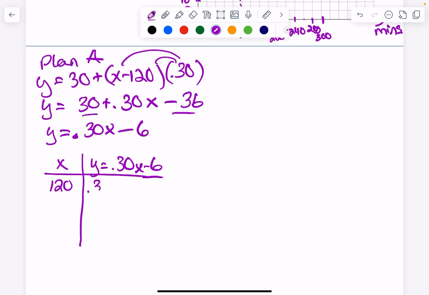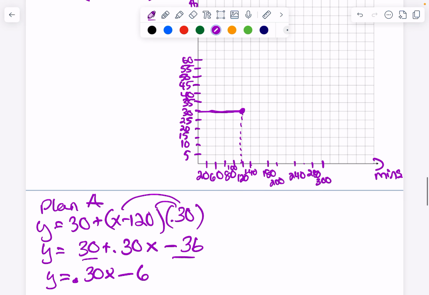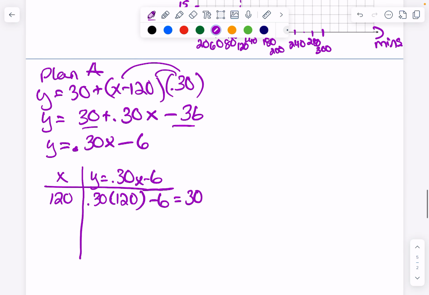So 0.30 times 120, even though that 120 is not included, we still need to know what that number is. So this ends up being 30. So our first point is going to be 120 and 30, which is the same point as we already have.